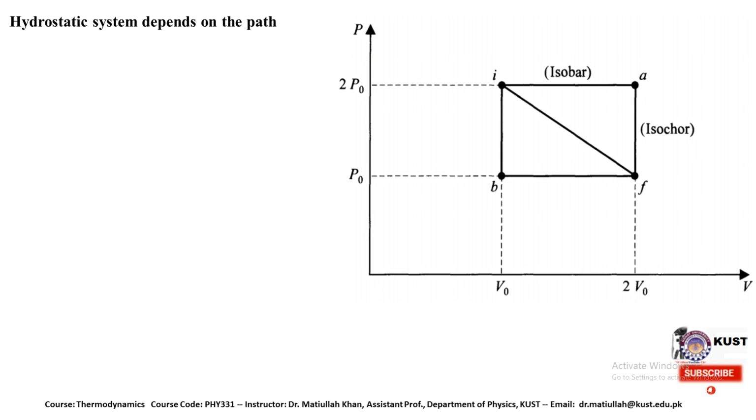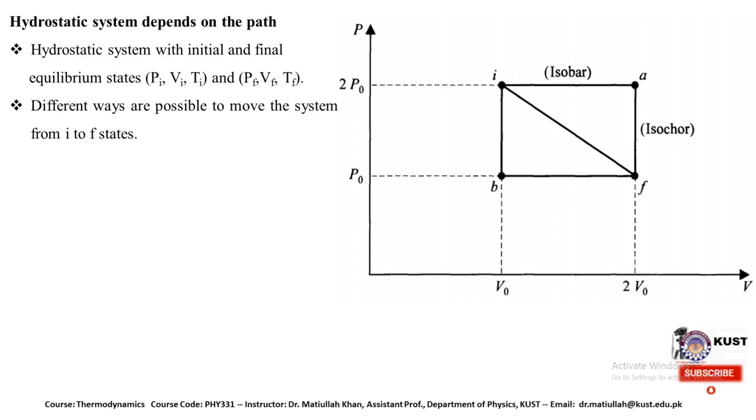The first part is devoted to the understanding of hydrostatic systems, and we need to know whether the work done in a hydrostatic system depends on path or not. Here is a PV diagram for a hydrostatic system. We have the system in equilibrium at the initial position and the final position, and the objective is to bring the system from initial to final.